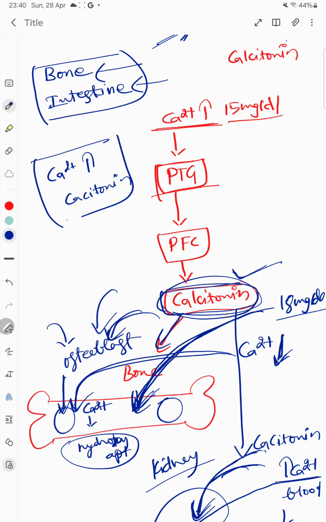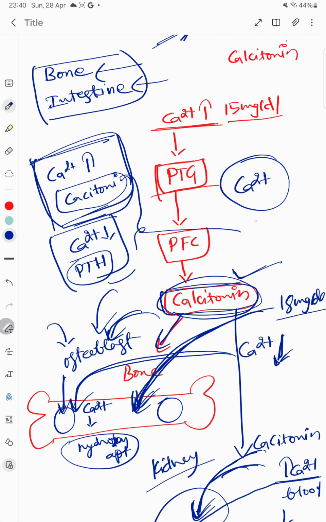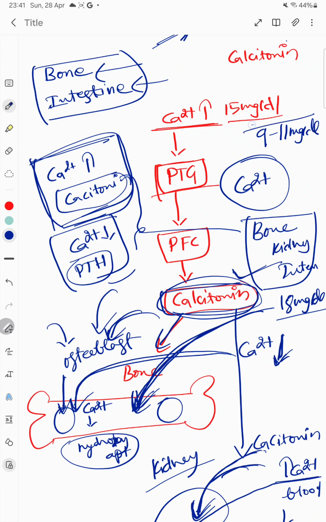Whenever you have low levels of calcium in your blood, you have parathyroid hormone. These two will be produced according to your calcium levels. In response to the calcium levels, calcitonin and parathyroid hormone will be produced, and these two will act upon three organs called bone, kidney and intestine, thereby leveling up your calcium level to between 9 and 11 mg per dl.